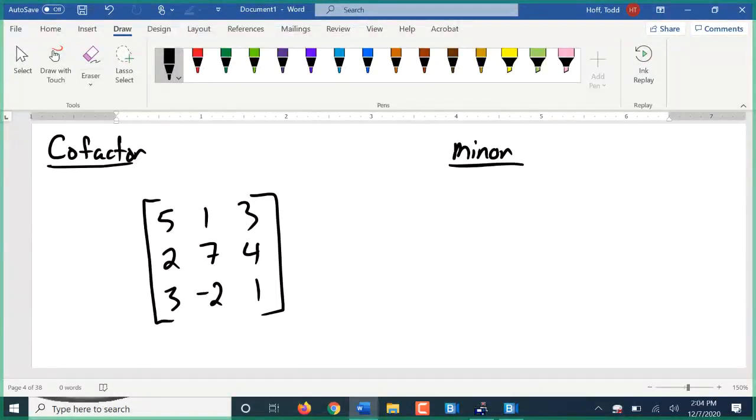So let's take the value here. Let's do the 4. The cofactor is based on the row plus the column of that number. So for the 4, that's in row 2, column 3, that's 5.